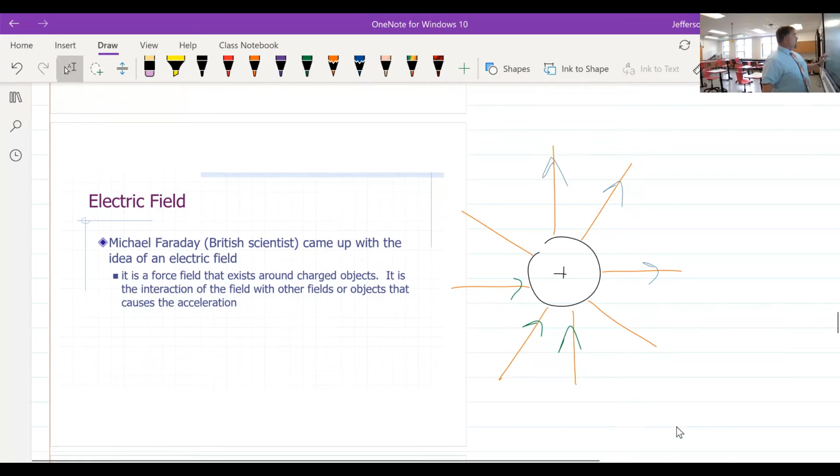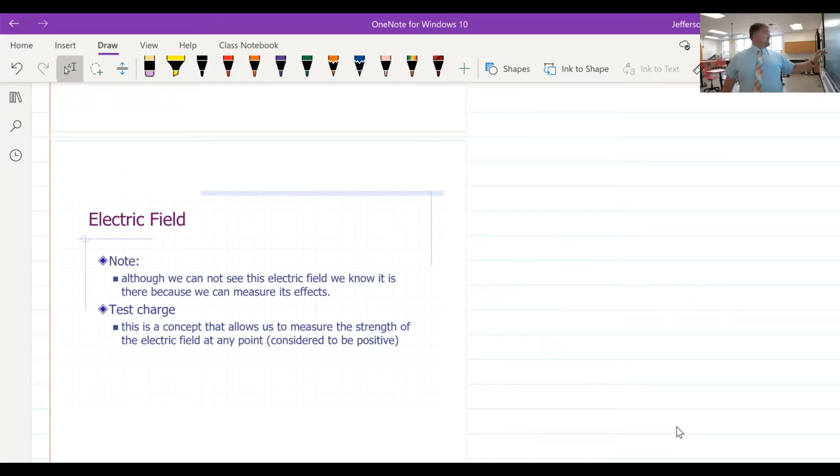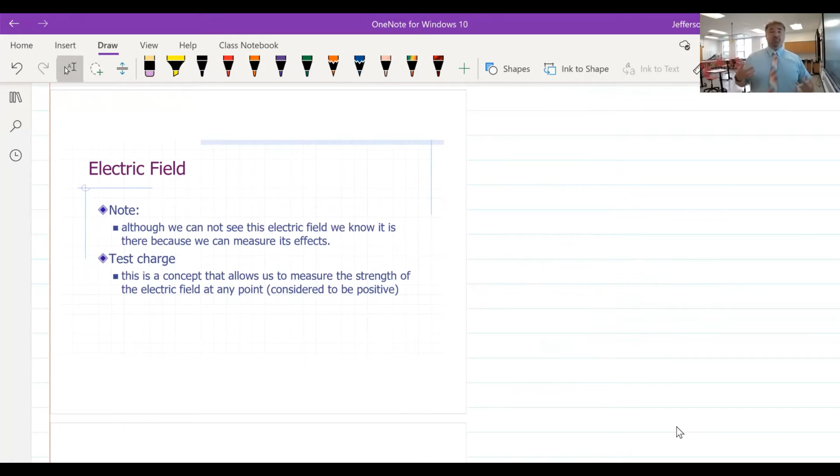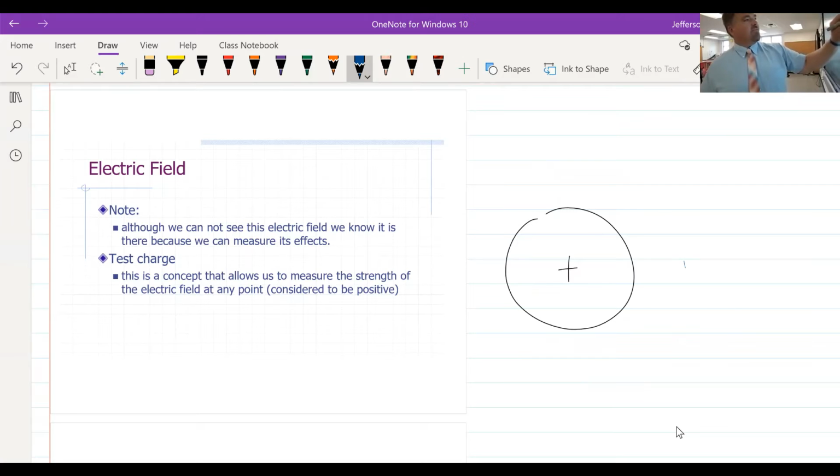What he did was that he came up with this concept of a test charge in order to define what the electric field is. And so what he did was he said, all right, I'm going to say that this is a positive charge. And in order to illustrate that electric field, he would take a little tiny positive charge called a test charge and say, all right, what would happen to that charge?